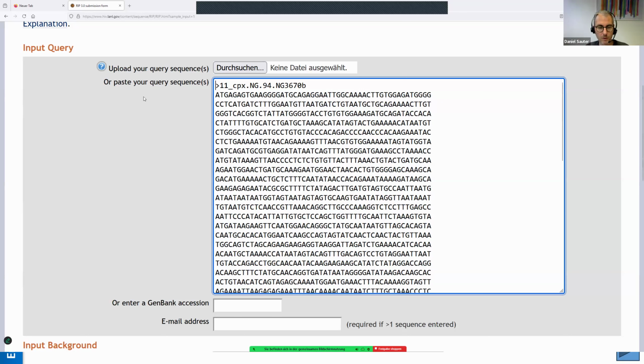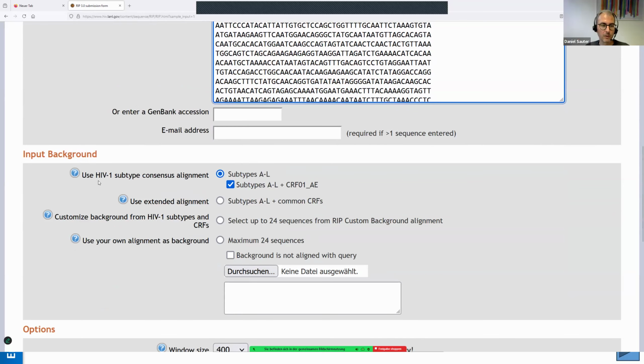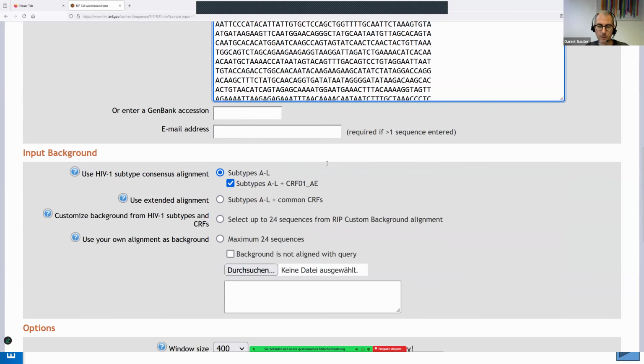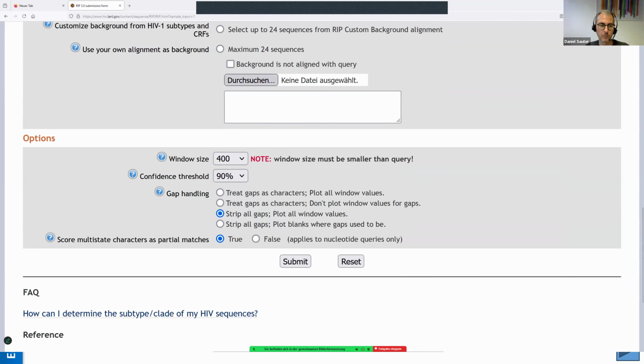So let's just do this. Down here, we can ask the software to perform an alignment of our query sequence with known subtypes, so subtypes A to L. There are different options here, but we won't go into detail. So let's just select submit, and then it may take a few seconds.